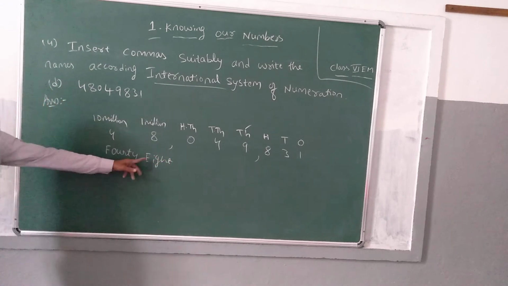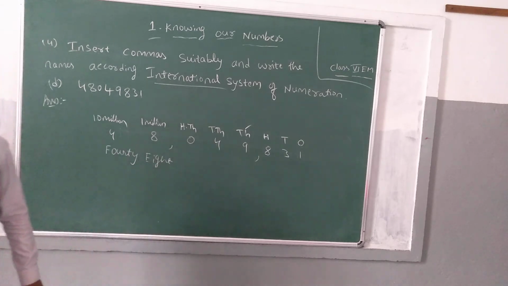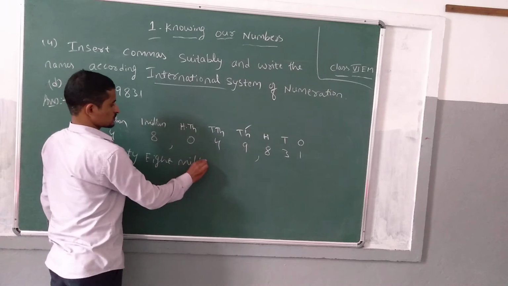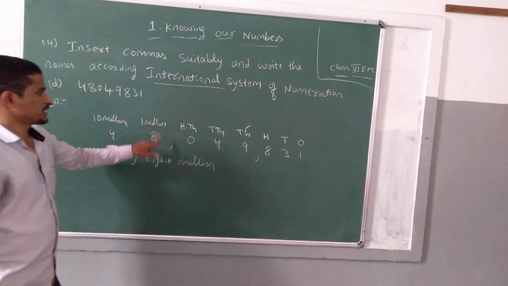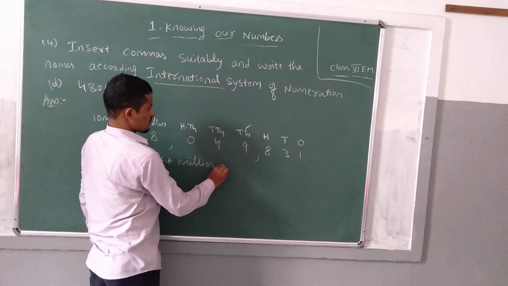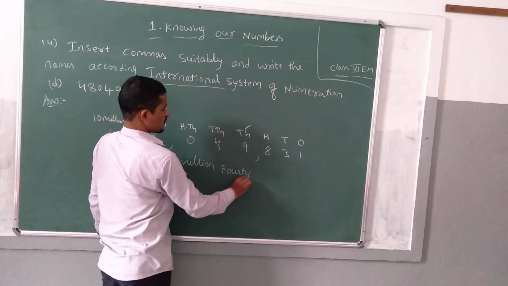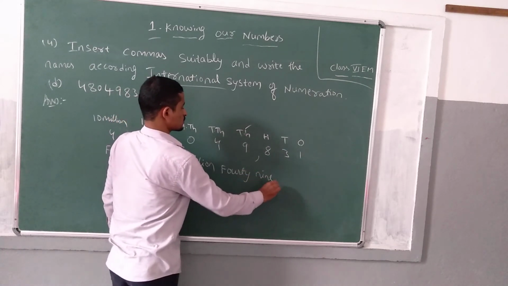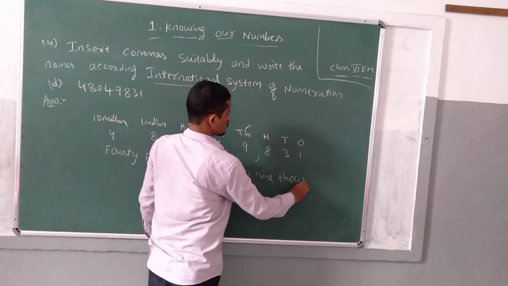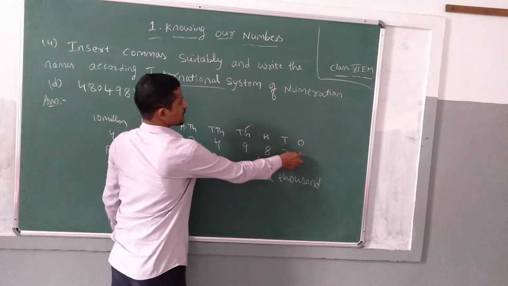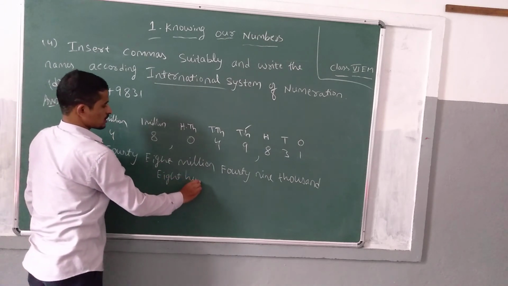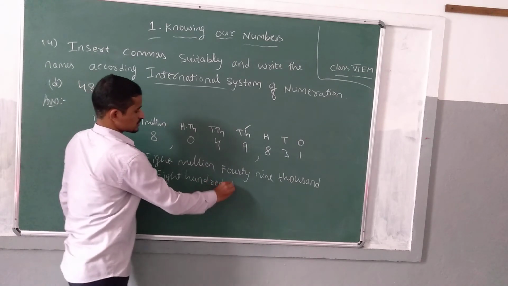In previous problems I have not put this in words. You can write that one. Okay, 48 million. There is no 100,000, 0 is there. 49,000, 831.